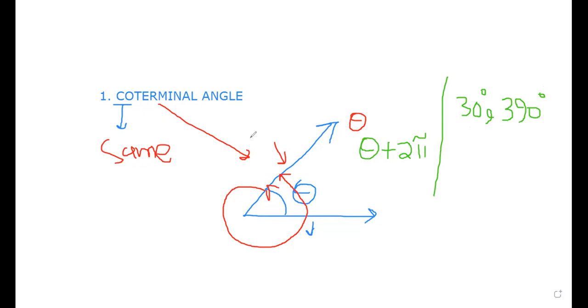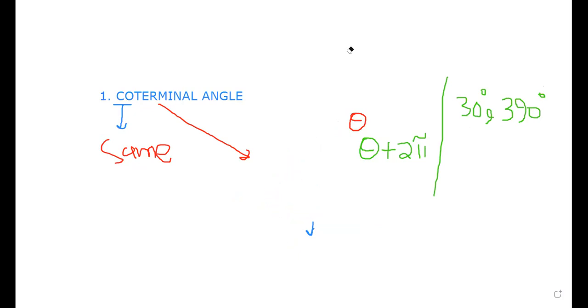After coterminal angle, our second definition is about angle in standard position.